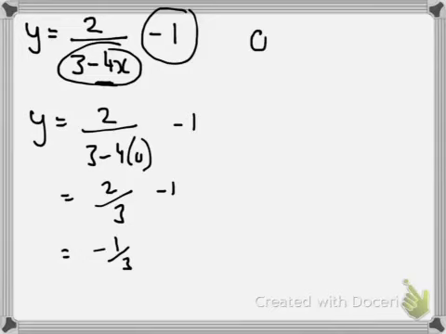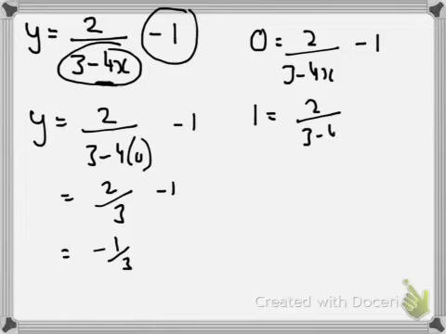Let's have a look at our x-intercept. Let's make y equals 0. Take 1 to the other side. Negative 1 changes to positive 1. Multiply through by 3 minus 4x. So 3 minus 4x times 1 equals 3 minus 4x equals 2.